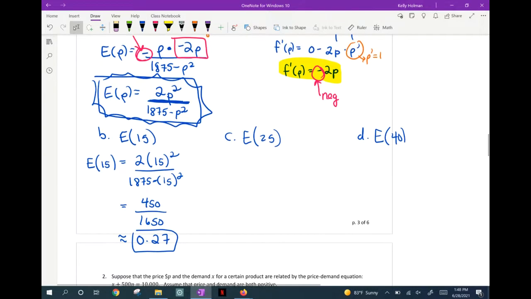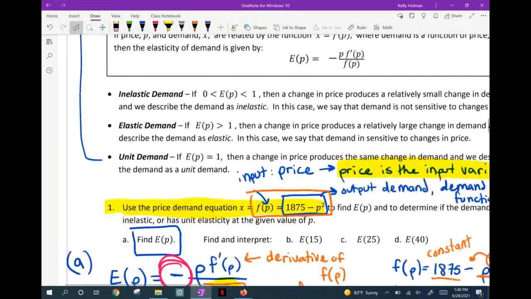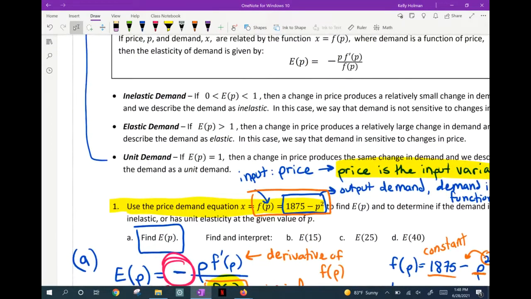So I'm going to go back up to my cases. So I have 0.27. Here are my three cases. It's inelastic. 0.27 is between 0 and 1. That makes it inelastic.